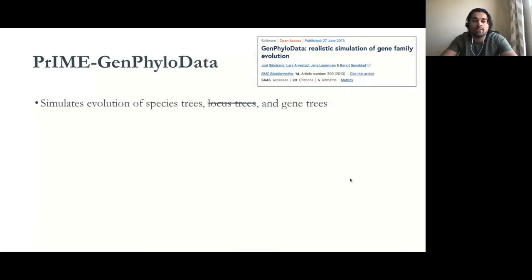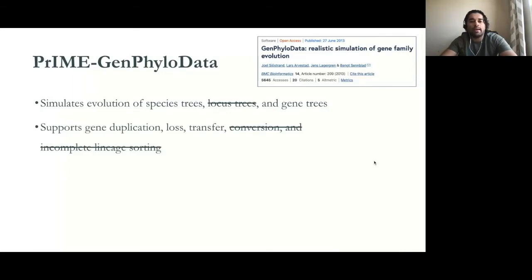This supports a two-tree construct where they evolve a host tree, which is analogous to our species tree, and a guest tree, which is analogous to the gene trees in our case. And this simulation framework supports gene duplication, loss, and transfer, not the other events that SaGePhy also supports.